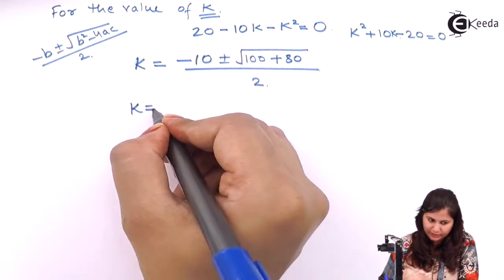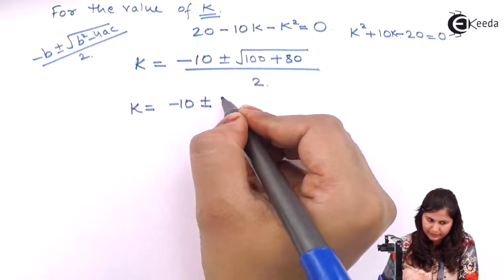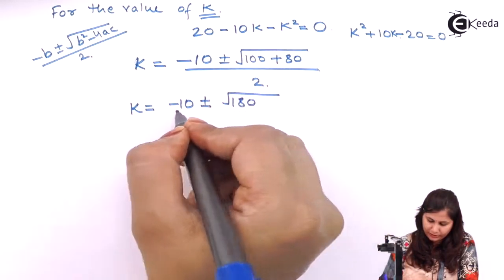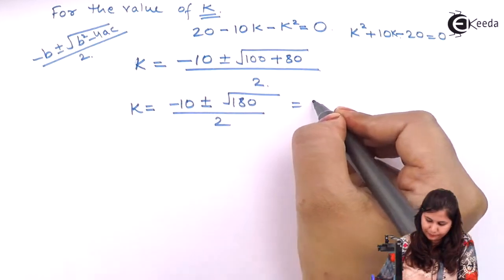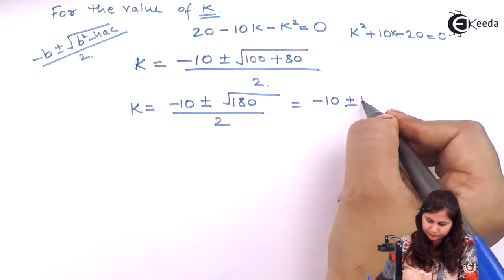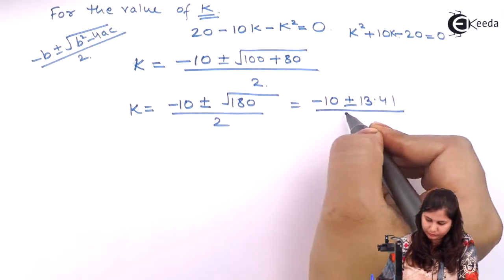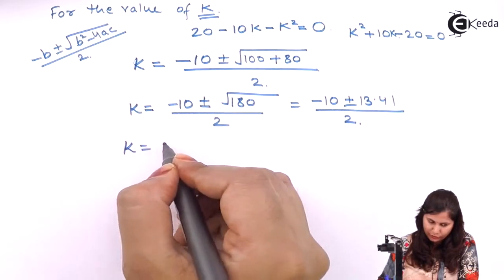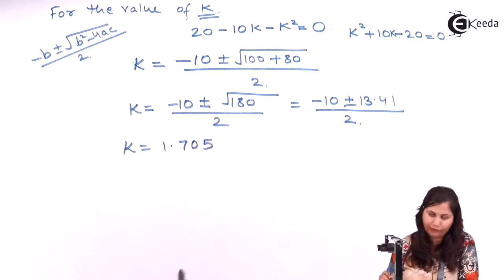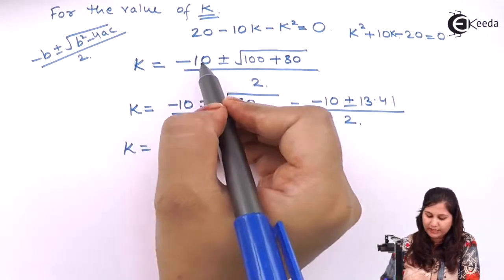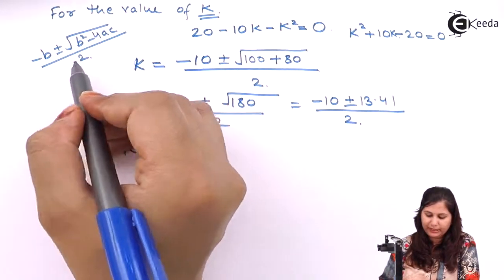So k will be minus 10 plus minus under root of 180 divided by 2. So k is equal to 1.705.